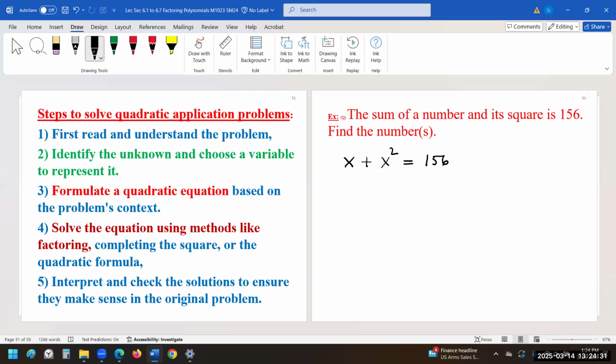I rewrote the sentence. It says the sum of a number plus its square. So one number and its square, the same number. The number plus its square, the result is 156. So what type of equation is this?